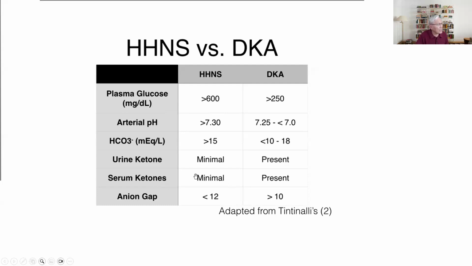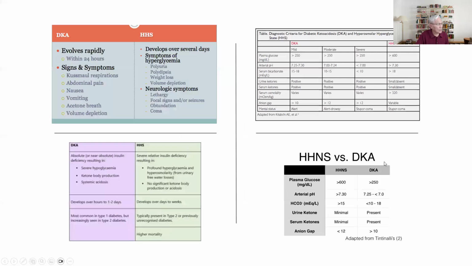And in addition to that, in DKA, it's going to be 5 mEq or more of serum ketones. In HHS, it's less than 5. And in DKA, you're going to have acidosis. So those are the various distinctions between HHS and DKA.